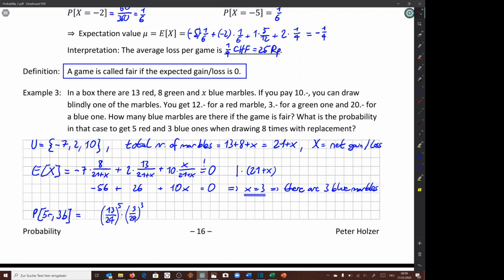Well, we're drawing 8 times, and 5 out of these 8 times should be red. So the number of possibilities where to draw the red one is 8 choose 5. So we have 8 choose 5 times this probability, and we get that this is approximately 9.7%.